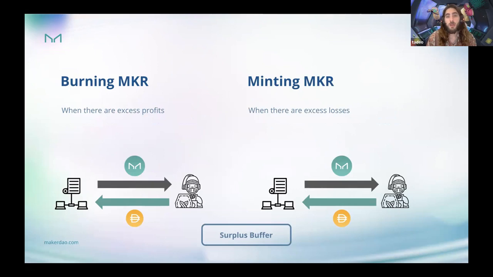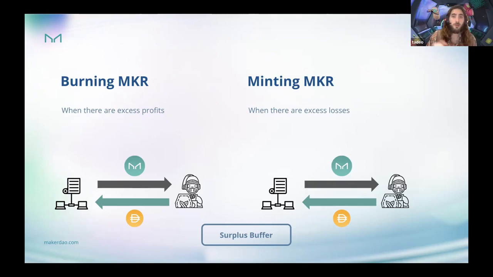So if we are having excessive profits, what we will do is burn Maker, allowing that pool to decrease in value while utilizing the extra profits that we have. And on the other side, if we ever find ourselves with excessive losses that we cannot cover ourselves, then we will issue MKR and sell it into the market in order to regain that DAI and become fully backed.